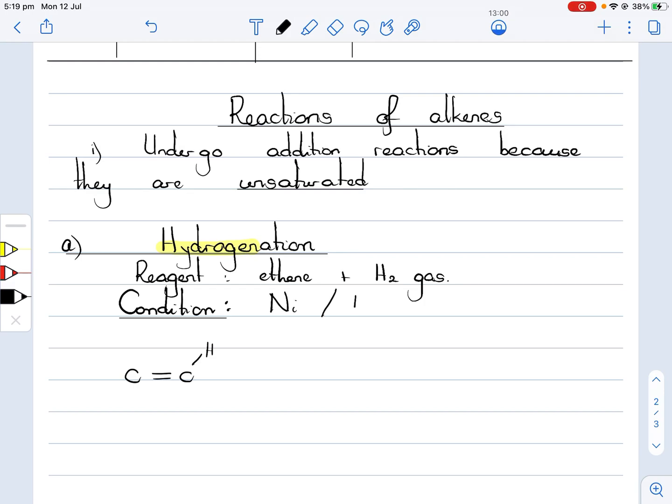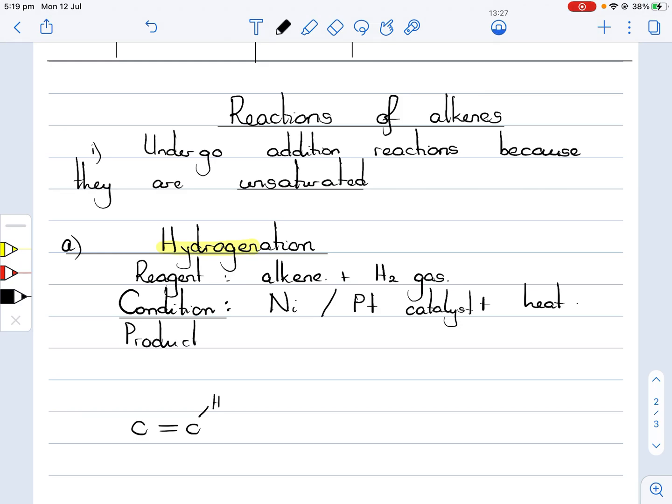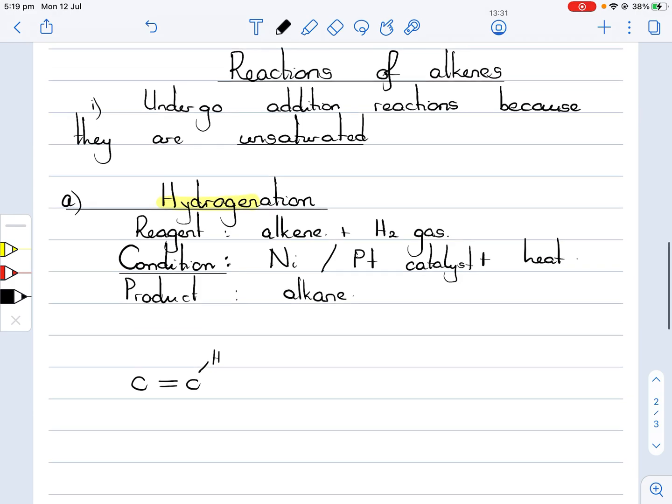We can use nickel or platinum as a catalyst, and we also need heat. So for any alkene to react with hydrogen gas, both conditions have to be met: the presence of nickel catalyst as well as the presence of heat. And the product that we expect to end up having at the end of the reaction must be an alkane.